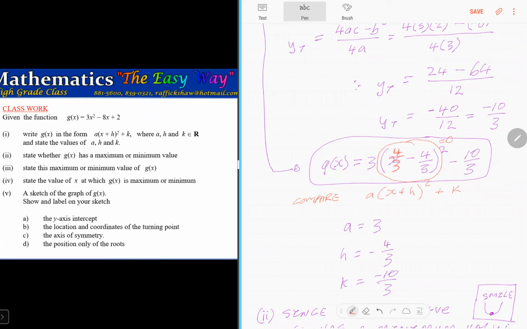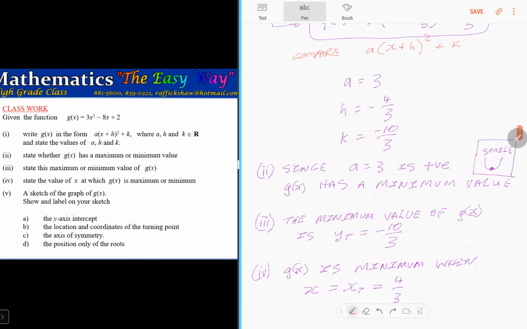And if that works out to be 0, then that is when g of x becomes negative 10/3. So you see, g of x is negative 10/3 when x is 4/3. And that's it basically.